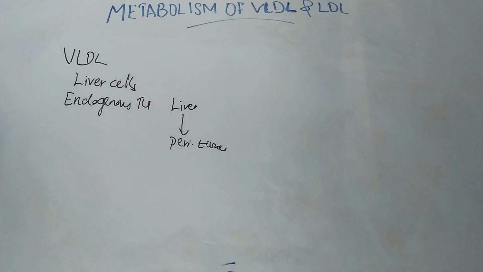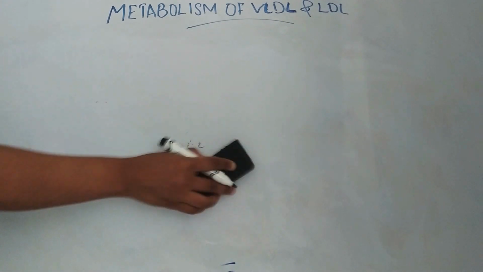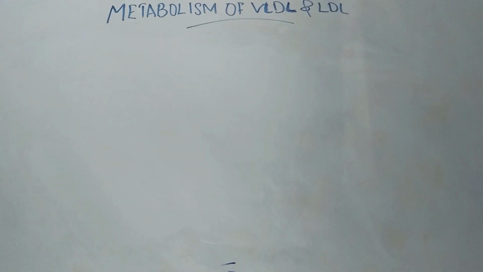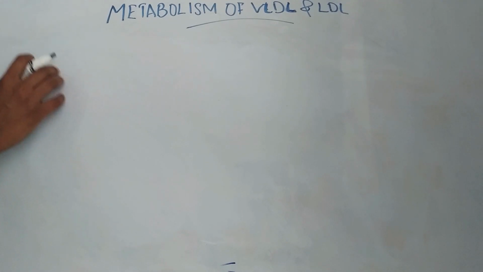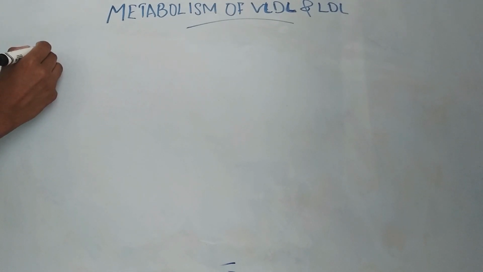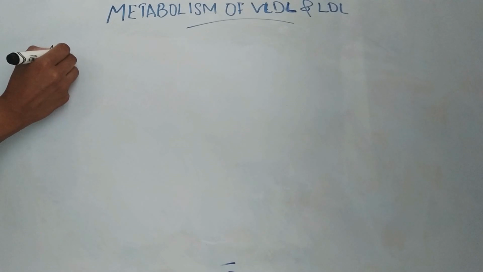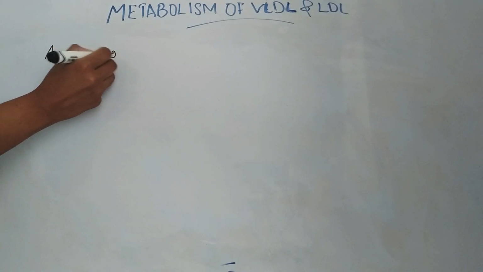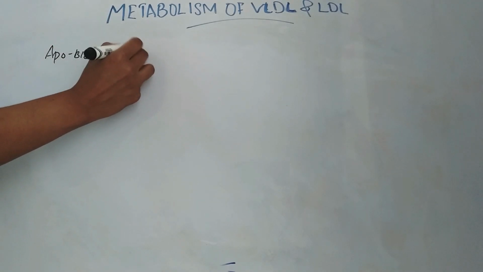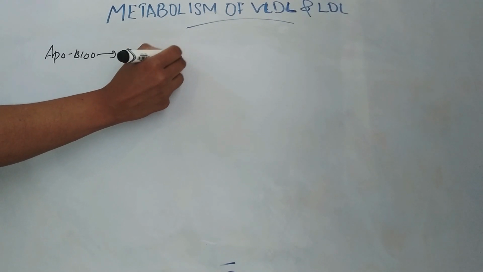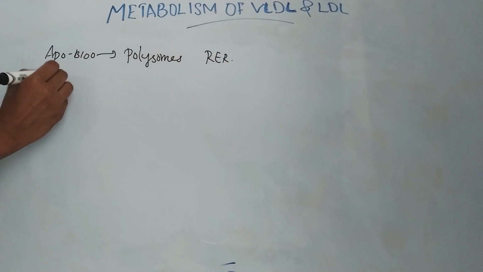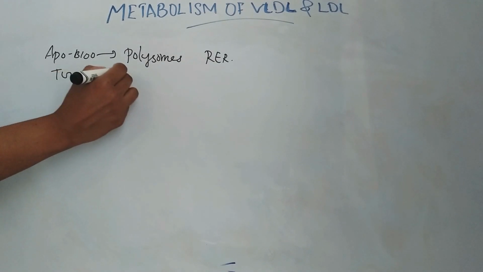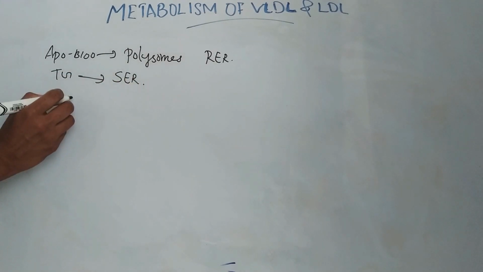So let's see these steps in the metabolism. VLDL is synthesized inside the liver cells. ApoB100 is synthesized by the polysomes on rough endoplasmic reticulum. Triacylglycerol is synthesized in smooth endoplasmic reticulum.